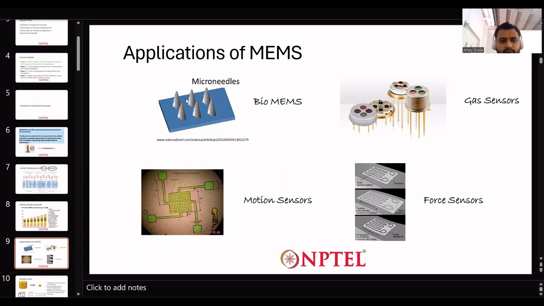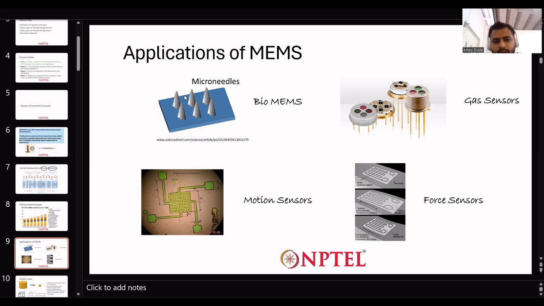So in order to deliver vaccines to people like these, we use devices called microneedles. Basically, these are like a patch, like the band-aid which you use in your day-to-day life. These microneedles come in patches like your band-aid.